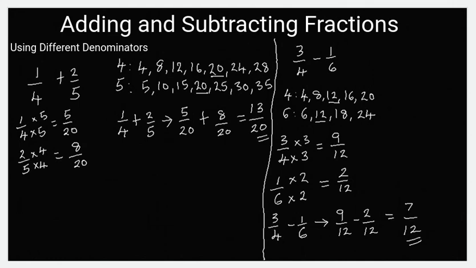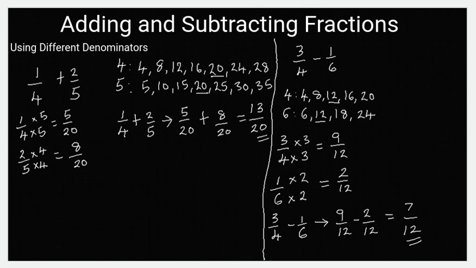You first of all find the multiples of your denominators, and you compare the multiples of your two denominators. In the comparison, you figure out the least common multiple, and that will be your least common denominator which you're to use. You can actually use any common multiple of the two denominators.